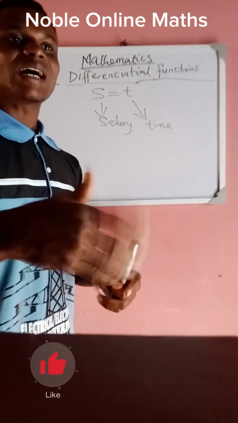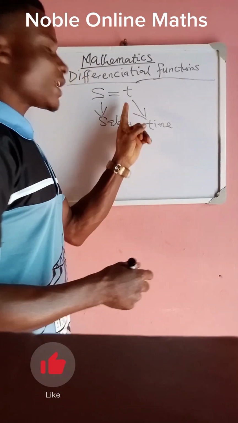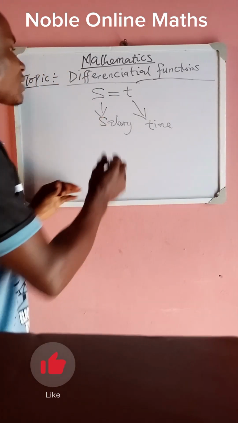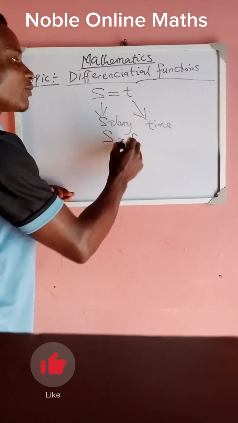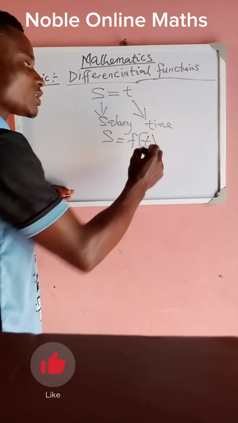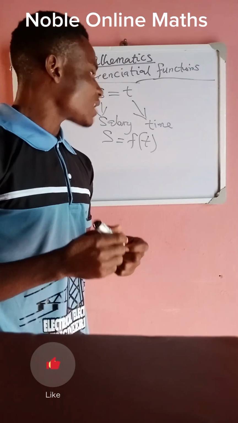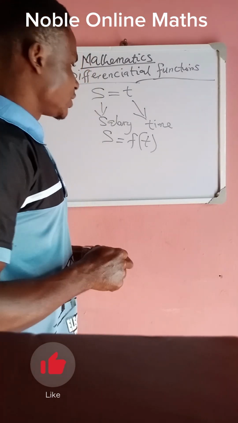So within the month, changes have occurred with time. In mathematics, it can be written as S is equal to a function of what? T. S is a function of T. That is how it is written in differentiation.